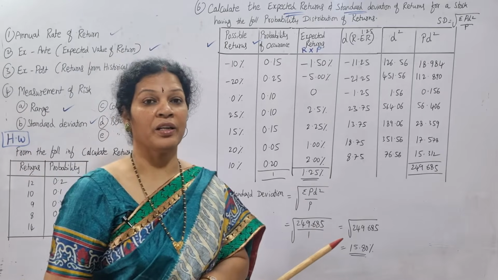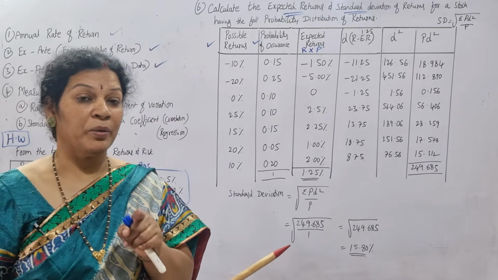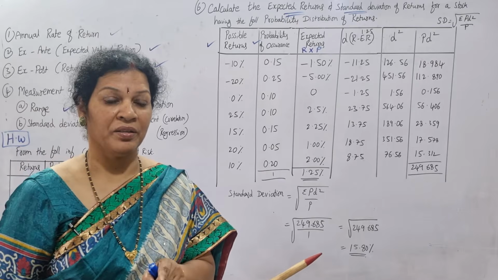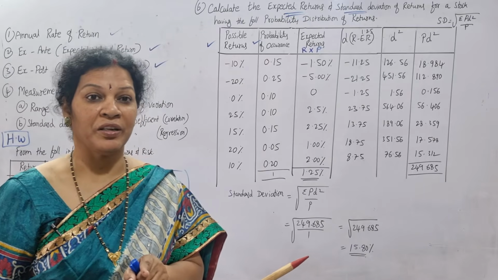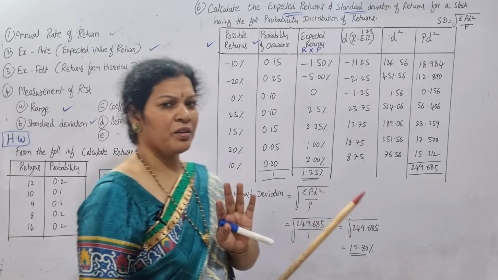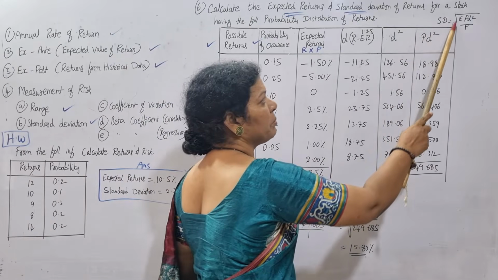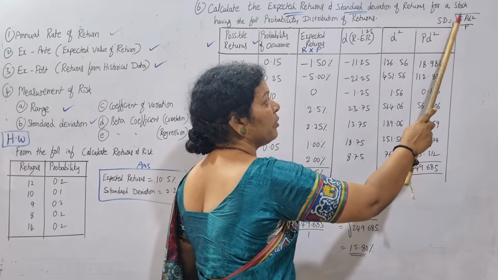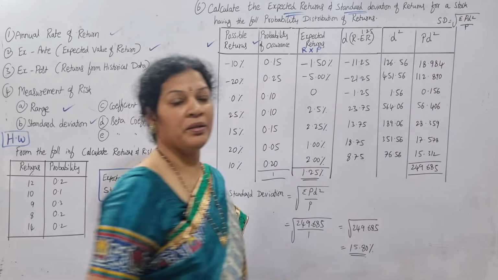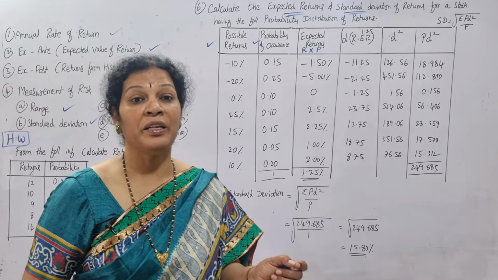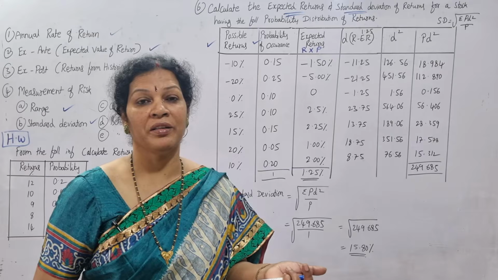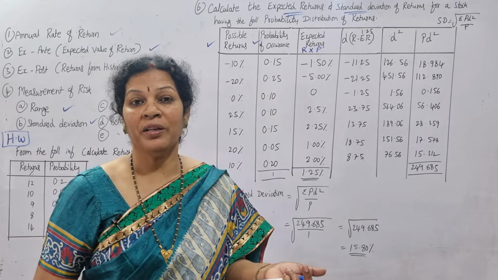Now we'll have to calculate the standard deviation. When probability is given, what is the formula for standard deviation? Not the regular formula, small changes are there. The formula is standard deviation is equal to root of sigma PD square by sigma P, P means probability. What was the earlier formula?